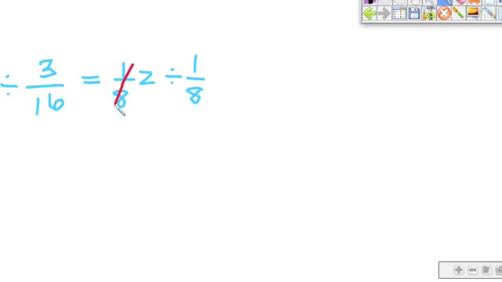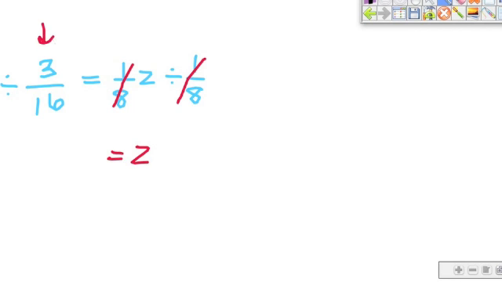All right, I have 3/16 equals 1/8 Z. All right, the inverse of multiplying is dividing. So I'm going to divide by 1/8. All right, these cancel, and I'm left with Z. And again, I'm going to keep my first fraction.